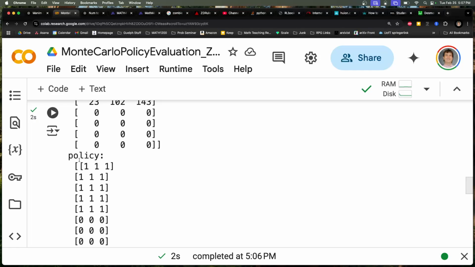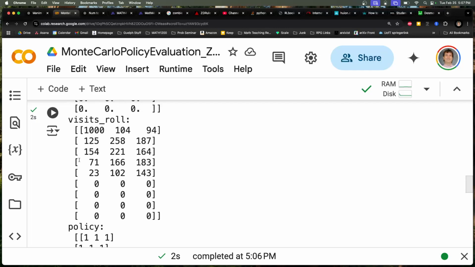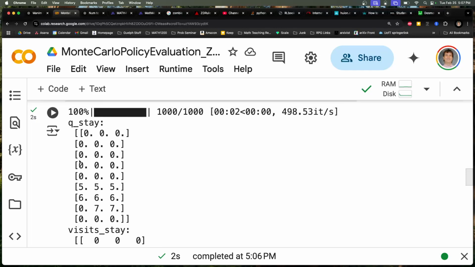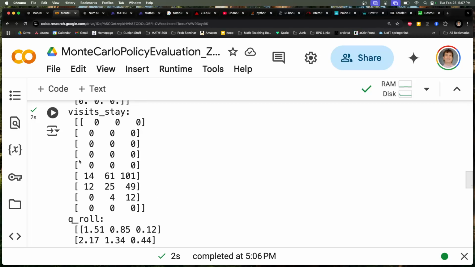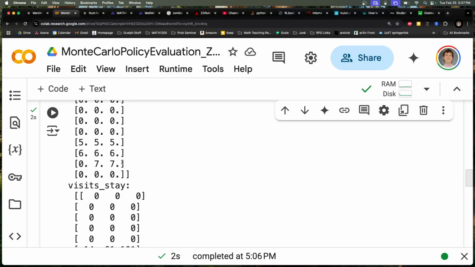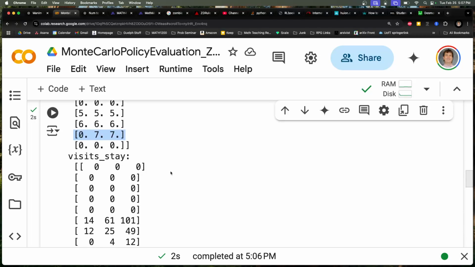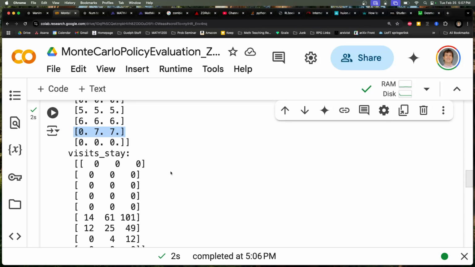Yeah. For the first few Q stays, it has like a 0, 7, 7. Why is that? Yes, this is a great question. Yes, this is 0, 7, 7. I'll give you a hint. It has to do with this line over here. This is the number of times we visited the states. So first of all, the reason this is 7, we visited that state 4 times and 12 times, and every time we visited it, we got 7 points.